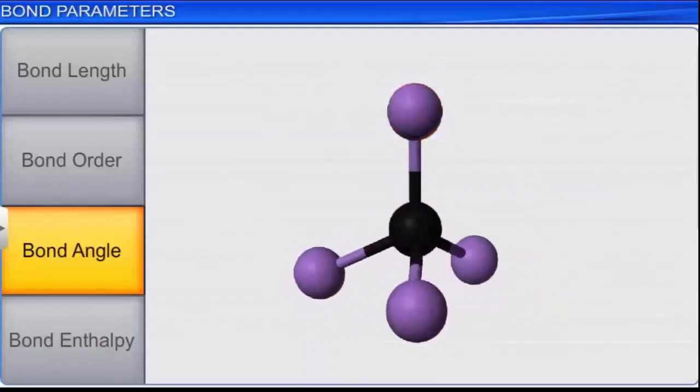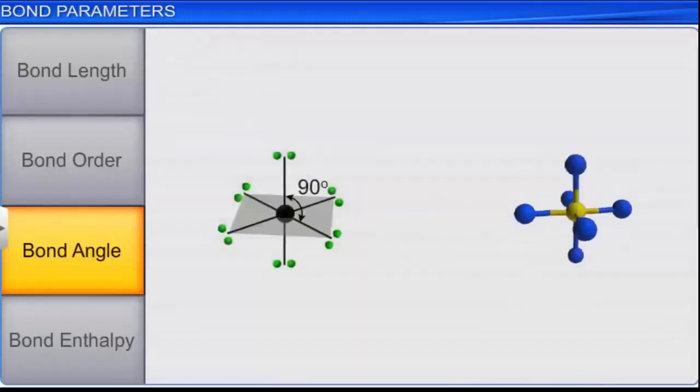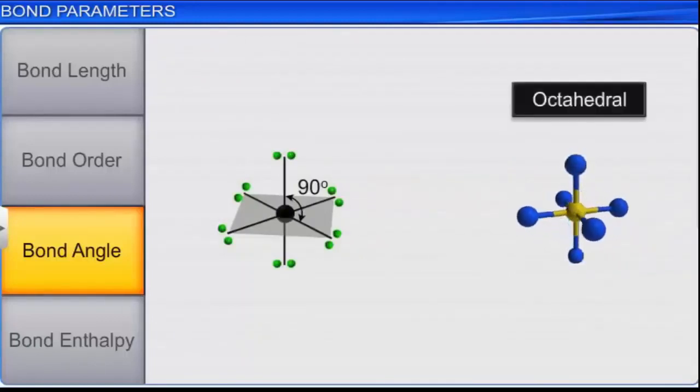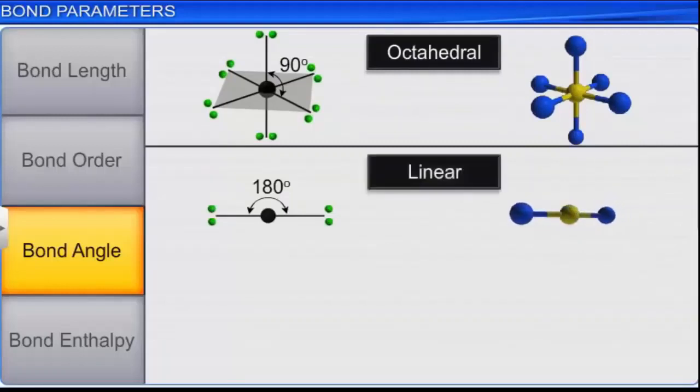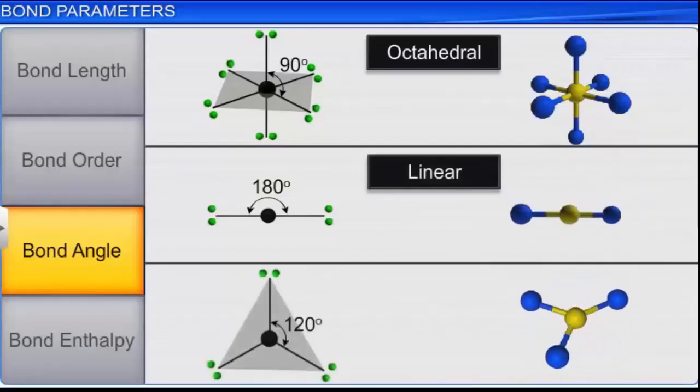Usually, when the bond angle is 90 degrees, the shape of the molecule is octahedral. When the bond angle is 180 degrees, the shape of the molecule is linear. Similarly, when the bond angle is 120 degrees, the shape of the molecule is trigonal planar.